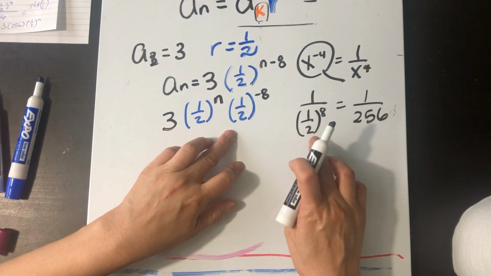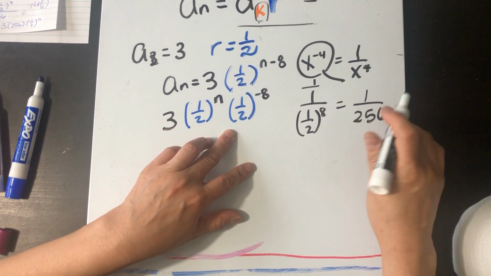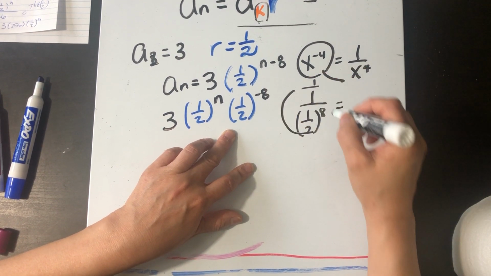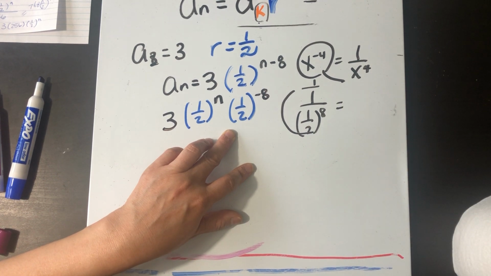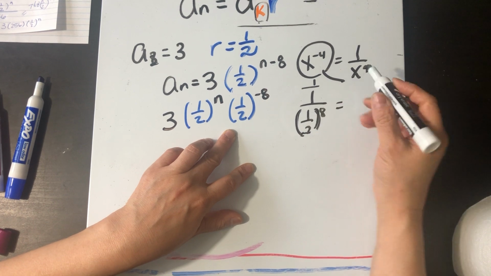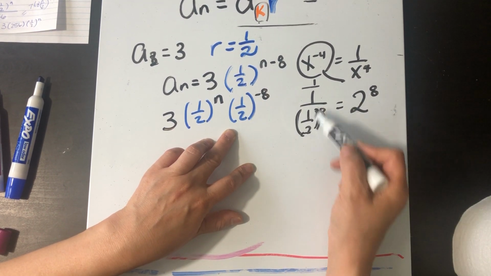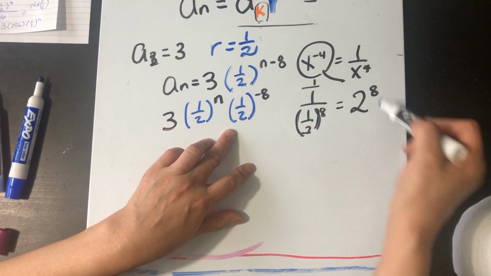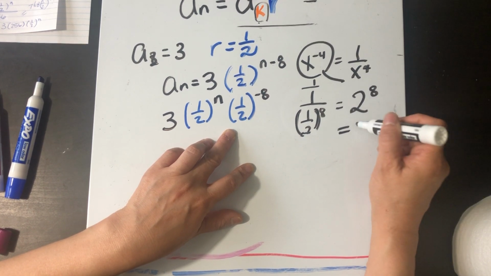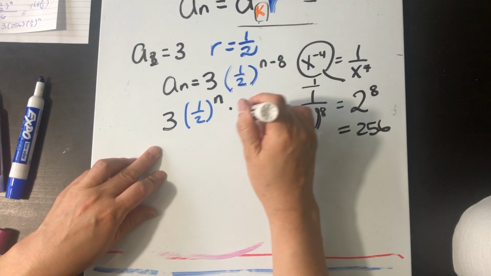When I put the whole thing down, 1 divided by half, it's going to be 2 to the 8th, because half went down, you divide 1 by half, it'll be 2. 2 to the 8th, so this is 256. So this whole thing is 256.